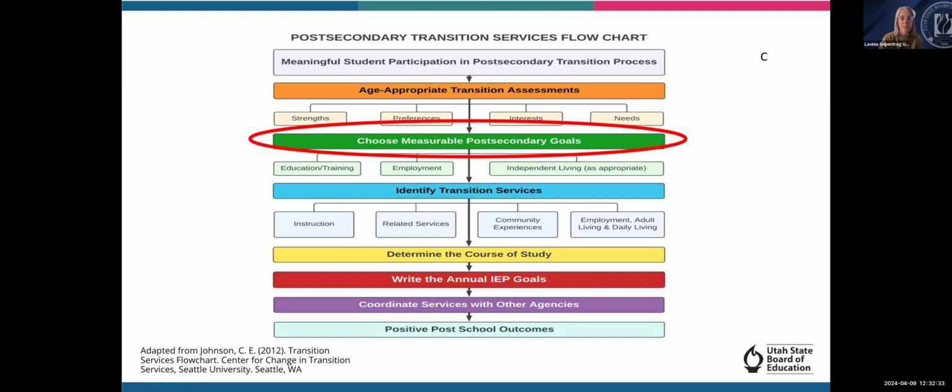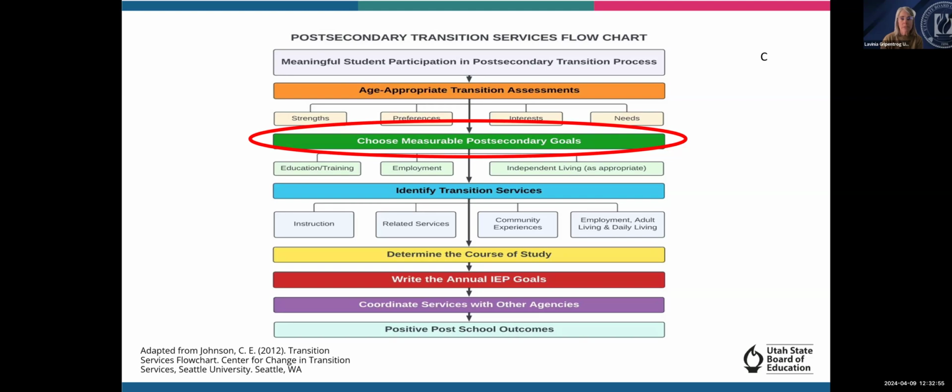It's a meaningful process, right? Starting with that meaningful participation of students in the whole process, no matter what their ability or their disability. We really want to make sure that students are a part of this process. So that's that top gray box you're seeing.